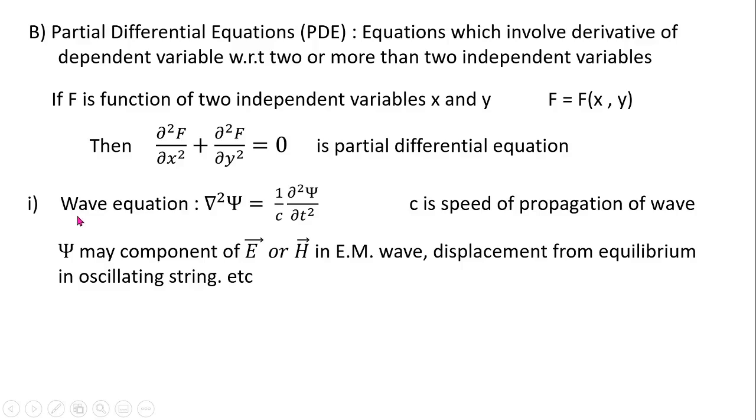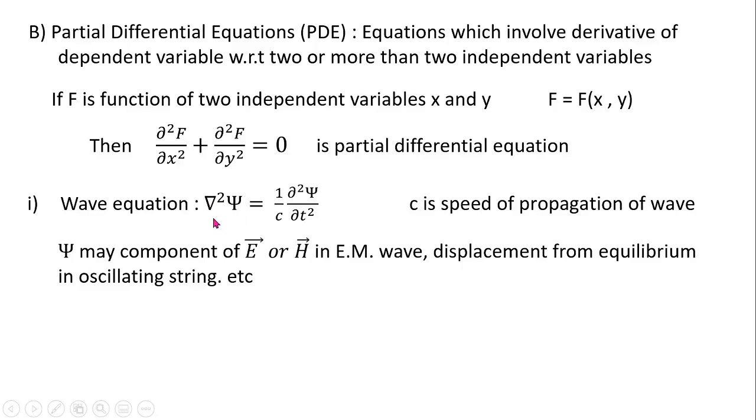The first example is the wave equation. Here psi is a function, it may be the amplitude. Psi is changing with respect to space coordinates and time. Here del square is the Laplacian operator. It may be one dimensional, two dimensional or three dimensional.